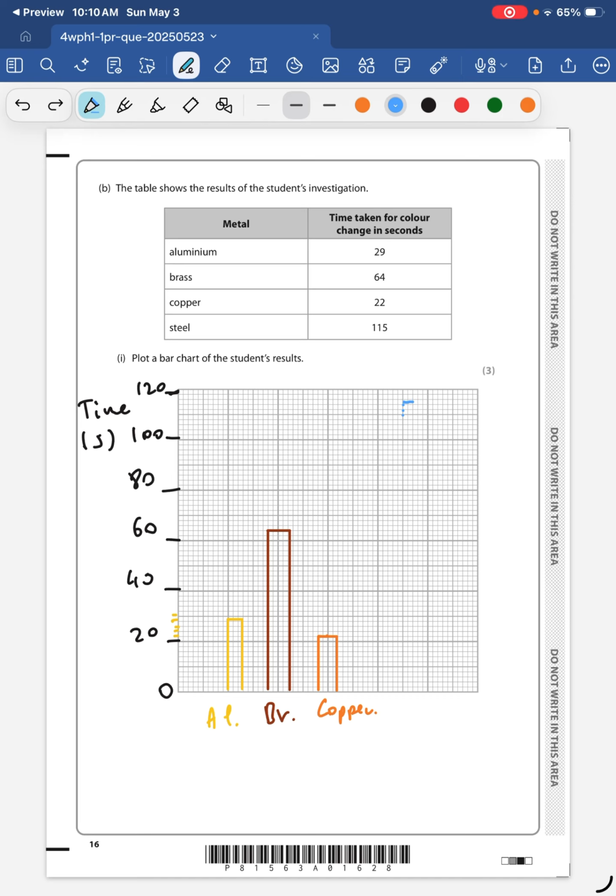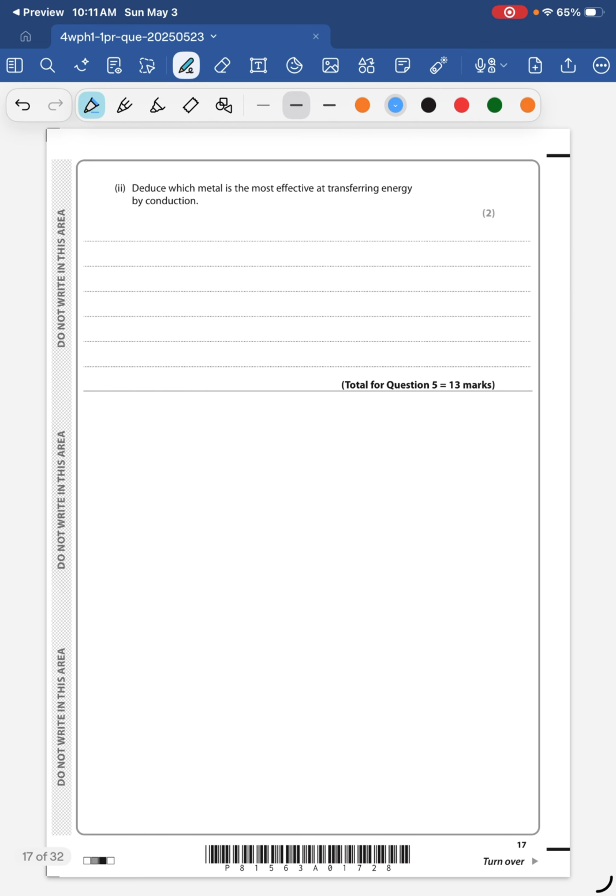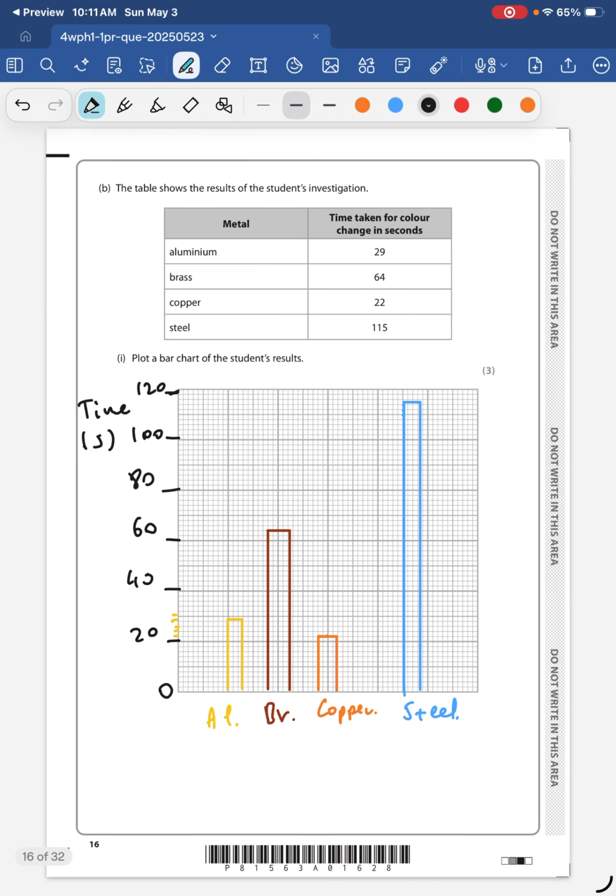All right, so this is the bar chart. Took me a while, I'm sorry. So let's move on to the next one. Deduce which metal is the most effective at transferring energy by conduction. This is going to be the metal that takes the least time, so copper.